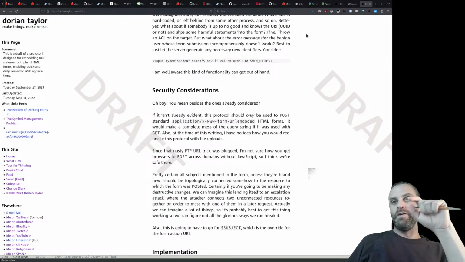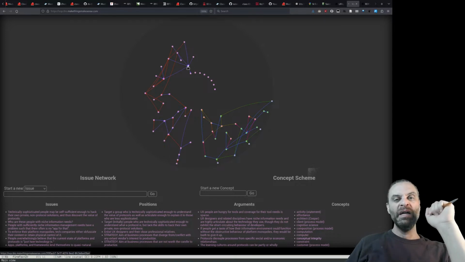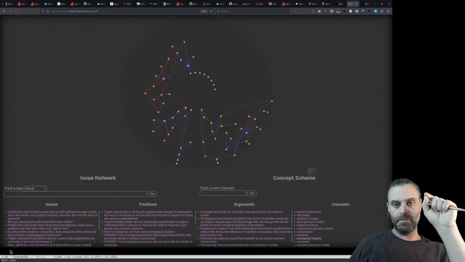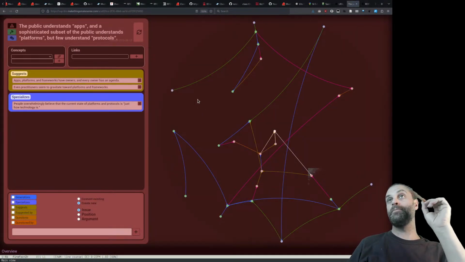and when you combine that with, here's something that's running. No, it's a concept scheme. So let's move to the actual thing. This should connect anyway.